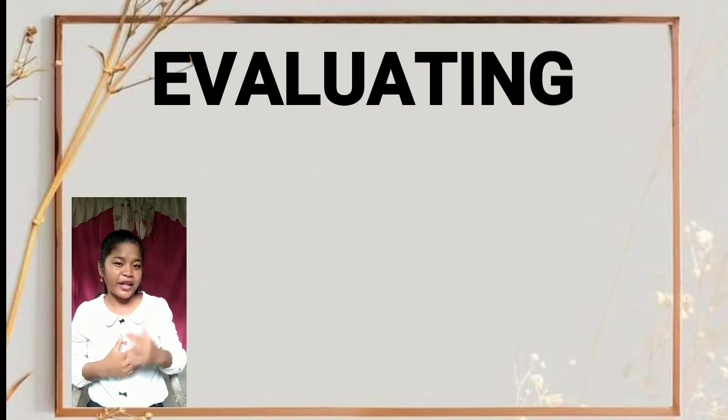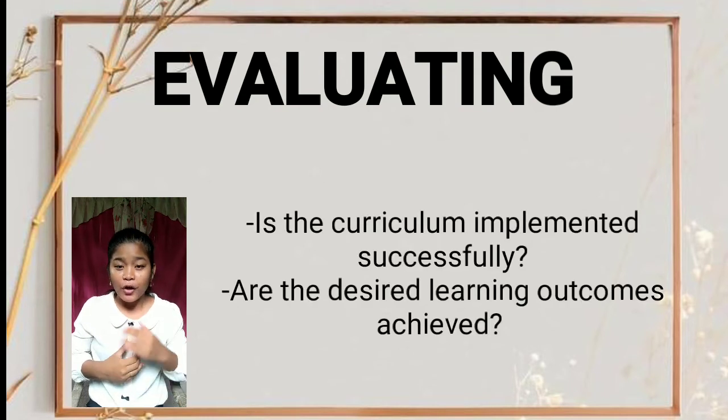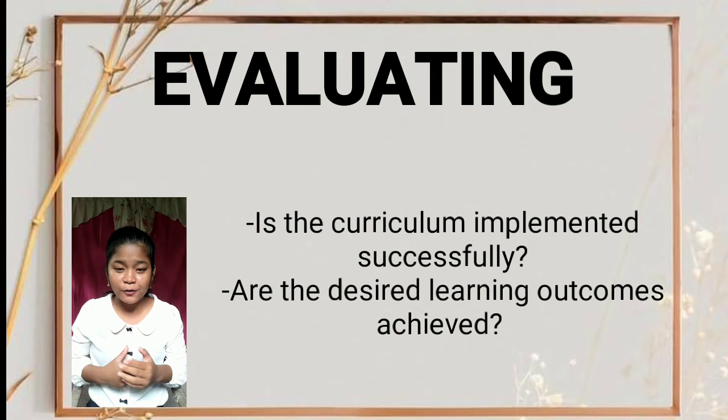Now that we are done with planning and implementing, what happens next? Evaluation happens next after implementation. Through this, we can determine if the curriculum was implemented successfully and if the desired learning outcomes are achieved.